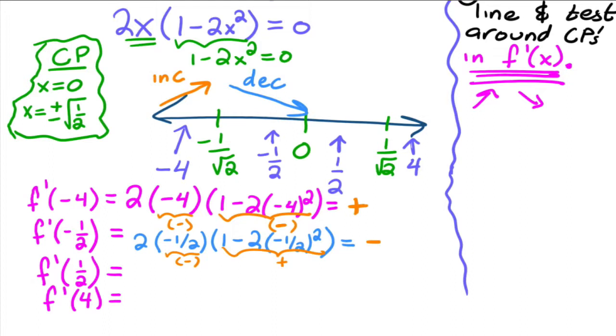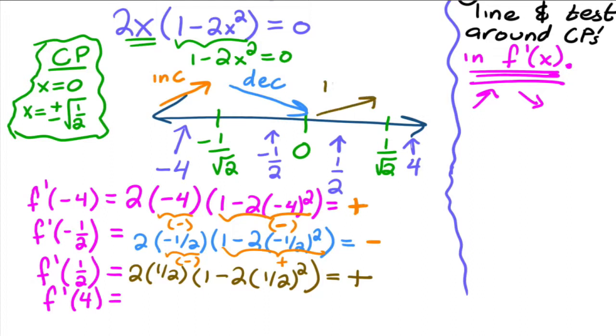Now, the next one, plug in 1/2, I would get 2 times 1/2, 1 minus 2 times 1/2 squared. And if you do the same thing, you'll notice this one ends up being positive now, which means it's increasing. Now, don't think that just because in this example it's alternating, that it's always going to alternate.